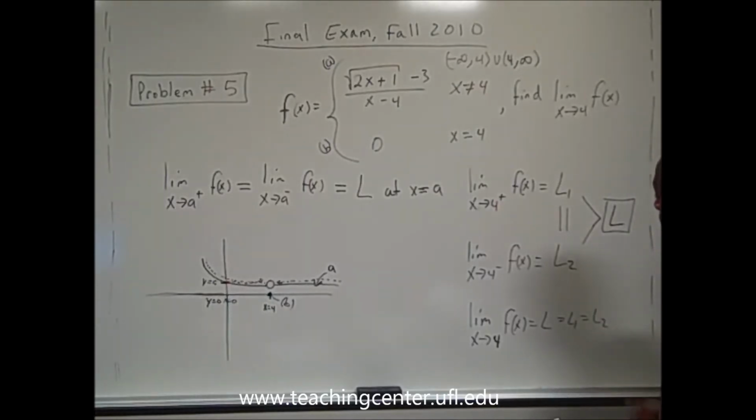So we need to see if we're going to get this condition where, as we're approaching 4 from the right and from the left, the limit is the same.